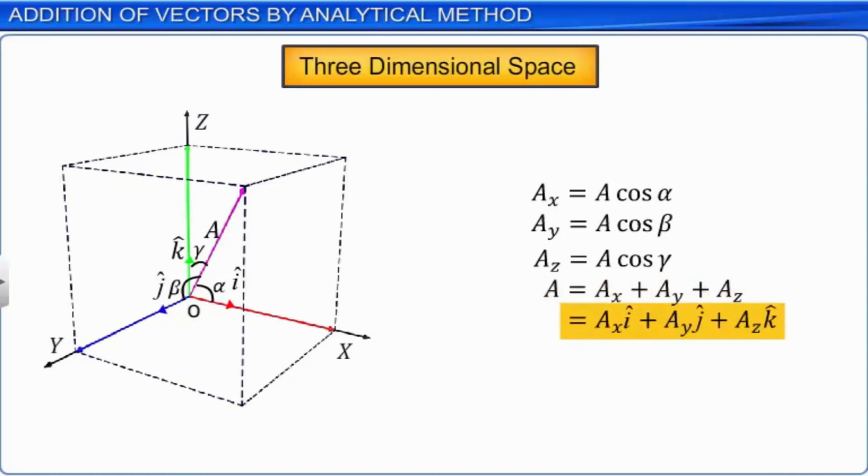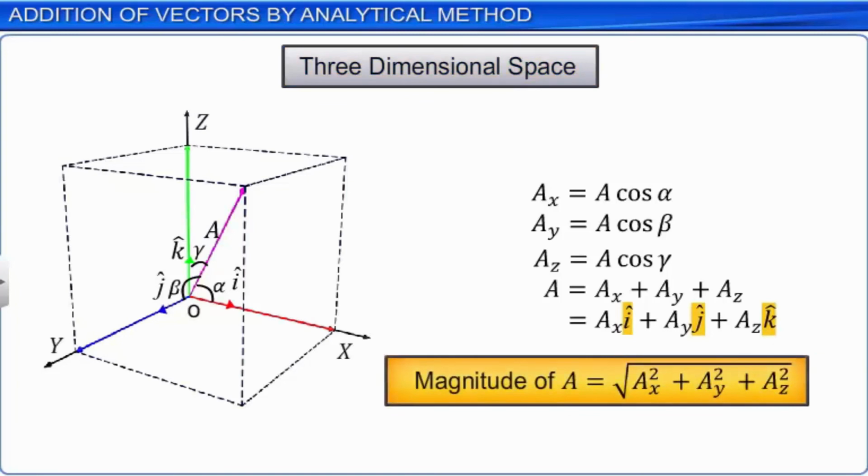Here, Ax, Ay, and Az are scalars, and i, j, and k are unit vectors. The magnitude of A can be written as the square root of Ax squared plus Ay squared plus Az squared.